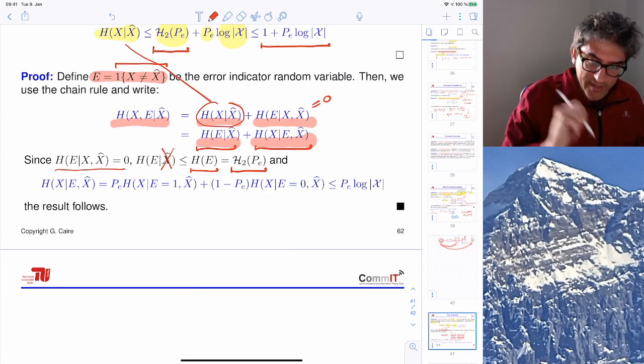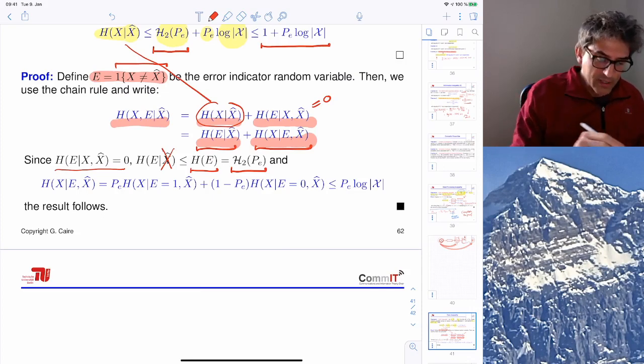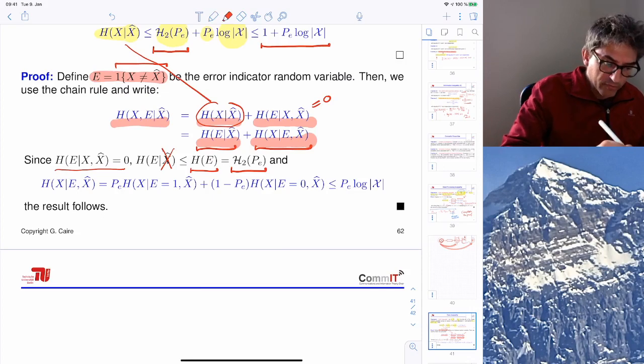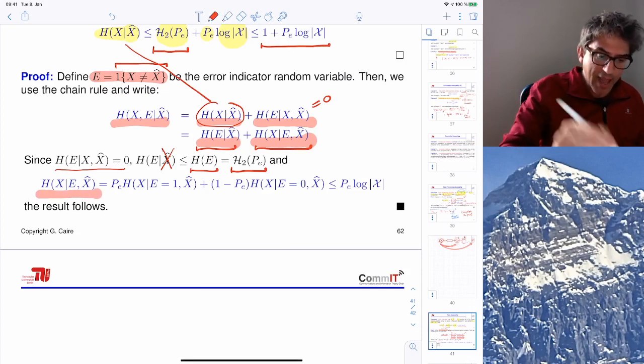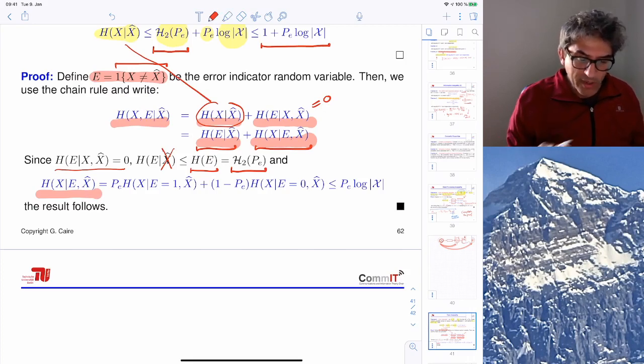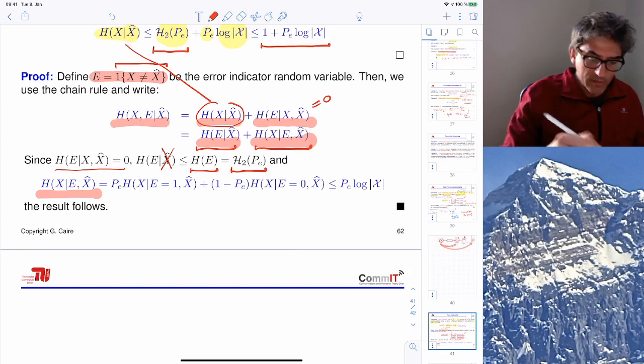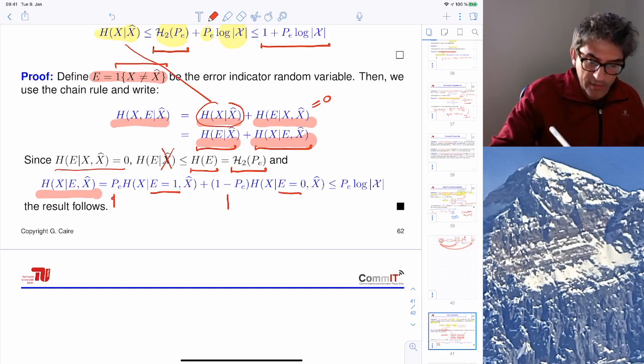Now let's consider the second term. This is the entropy of x given E and x hat. We can expand this conditional entropy with respect to E, because we can compute the conditional entropy for fixed value E equal to 1 and equal to 0, and sum with the probabilities.